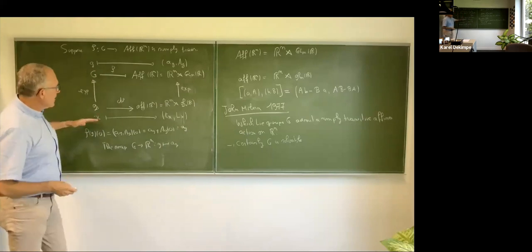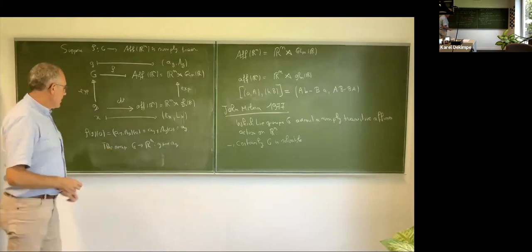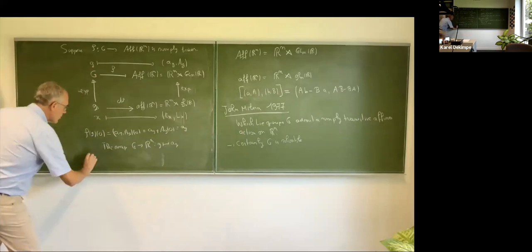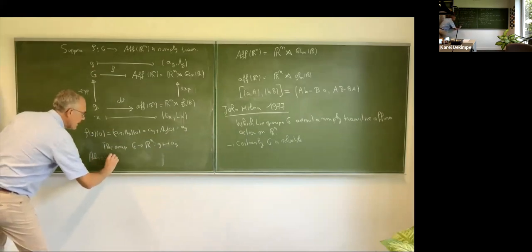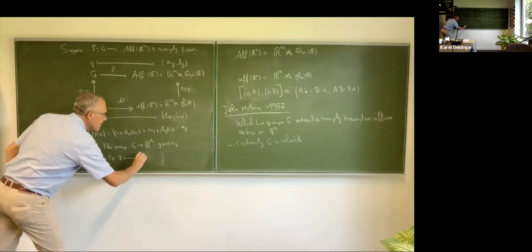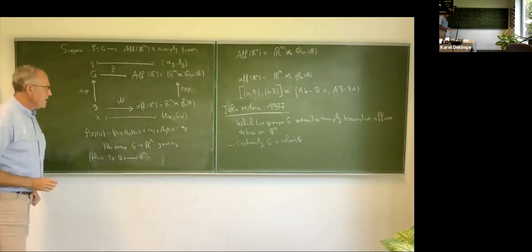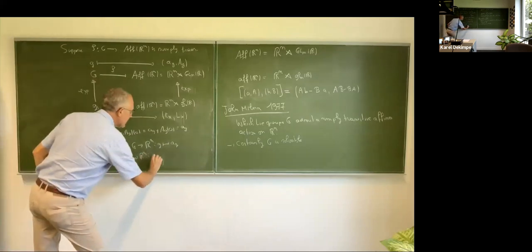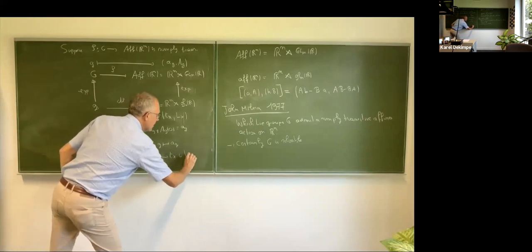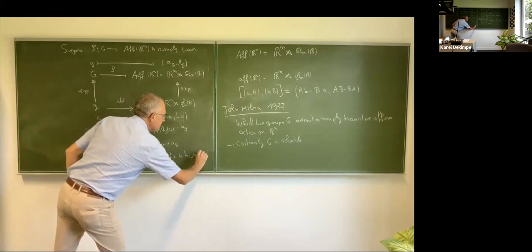So we get a map of this form, and with some work, one could show that also the map T from the Lie algebra g to Rn, sending x to T of x, is one-to-one, so it's bijective.